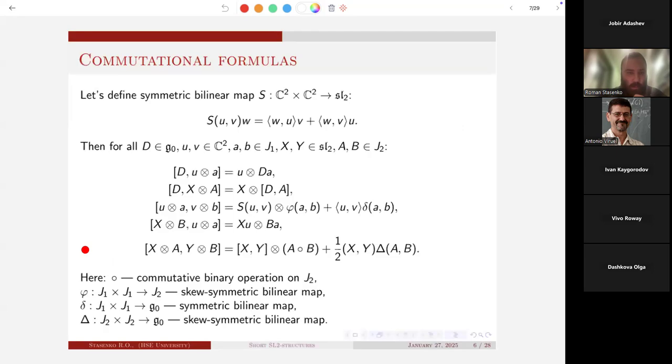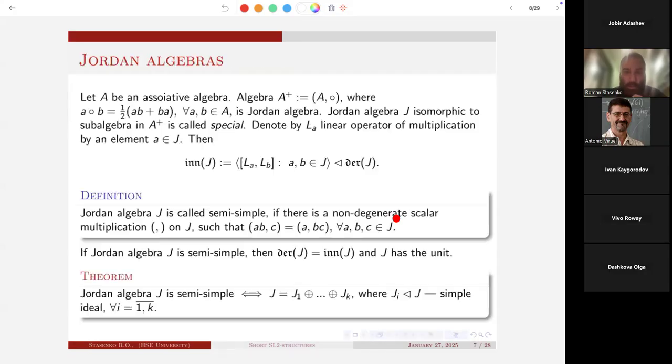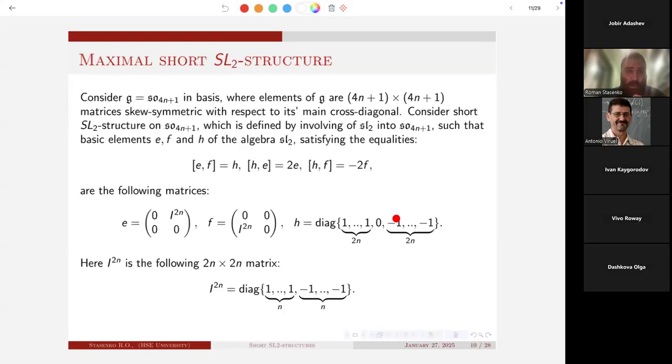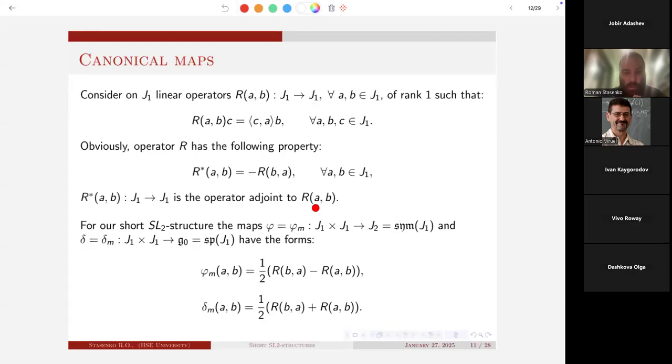I can remind you, but here we saw these two maps phi and delta, and in maximal short SL2 structure, as you can see at the bottom of this slide, these two formulas can be calculated.